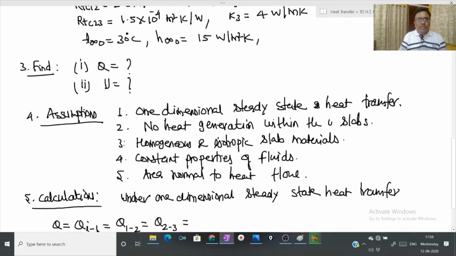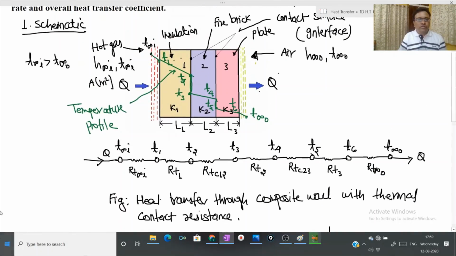The rate of heat transfer from this fluid layer will be equal to the rate of heat transfer from this layer, and further the rate of heat transfer will be constant here also at the interface.